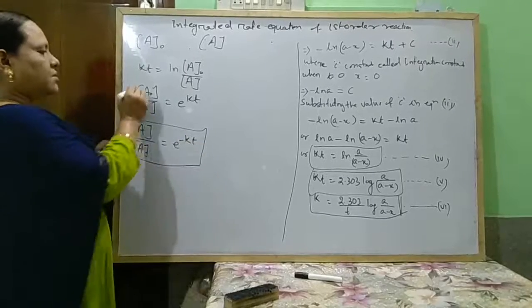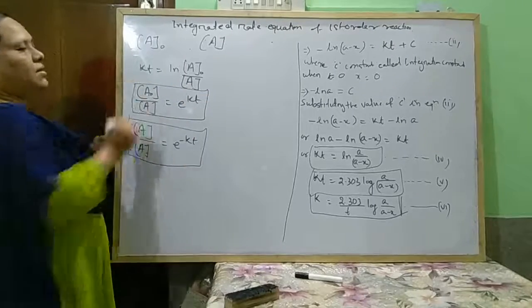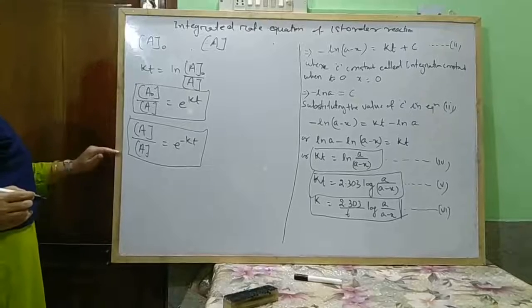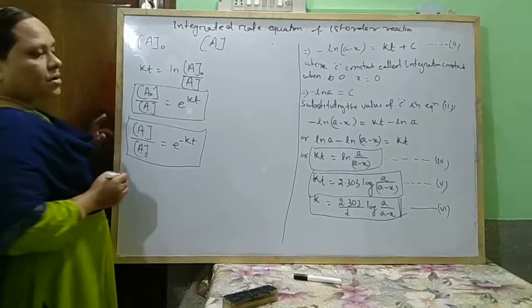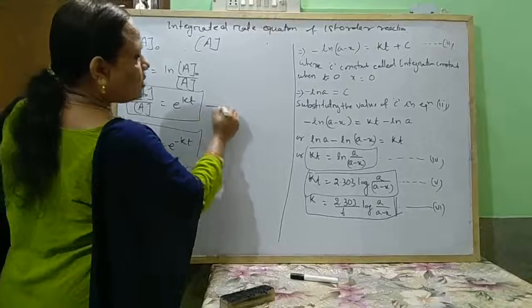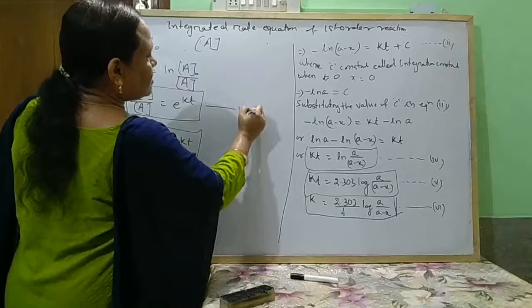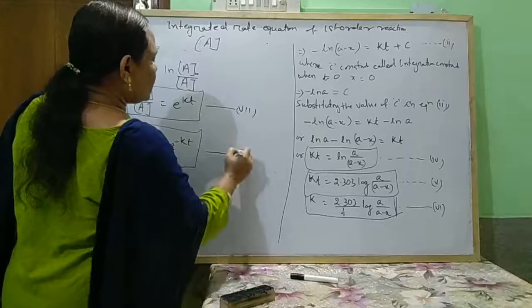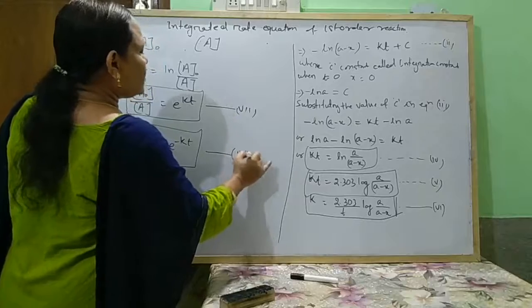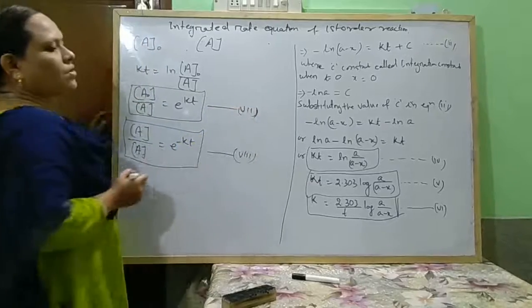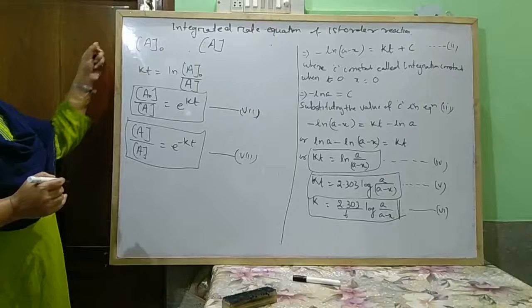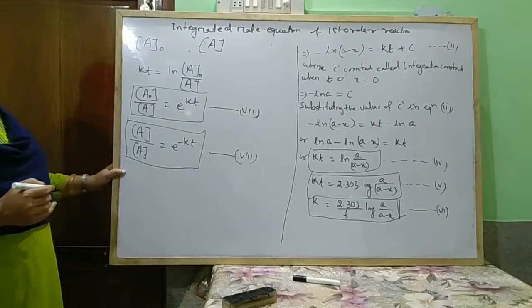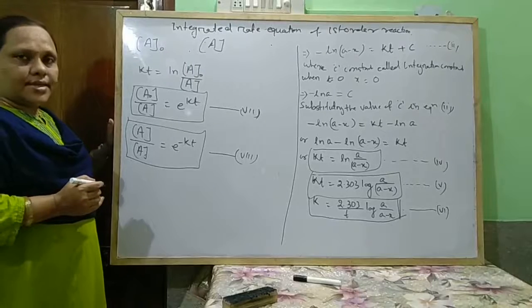So these equations are also called integrated rate equations for first order reaction. That is equation 7, and this is equation 8. These are known as integrated rate equations of first order reaction.